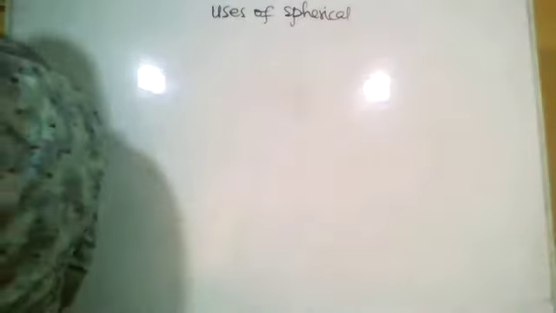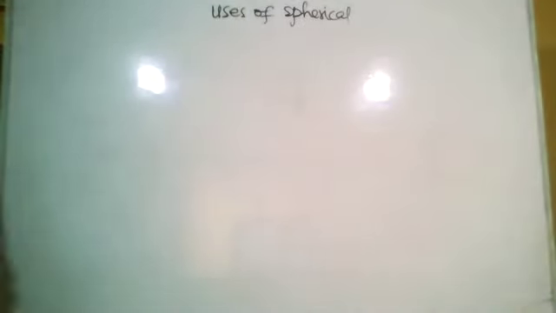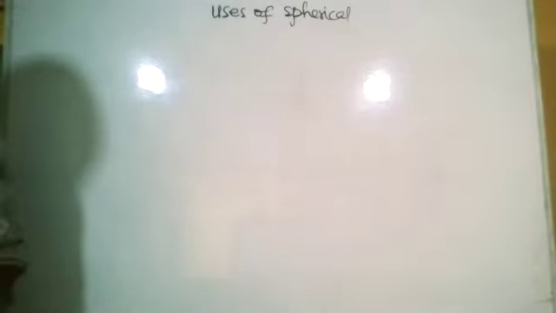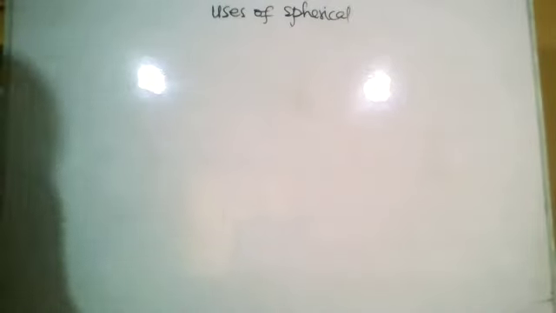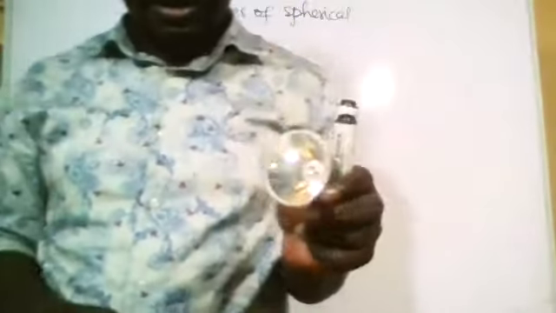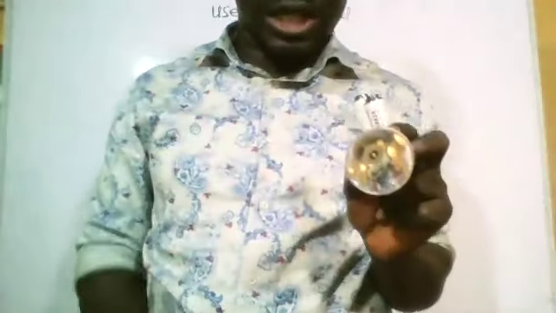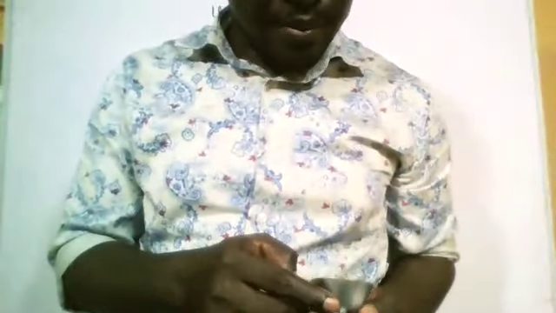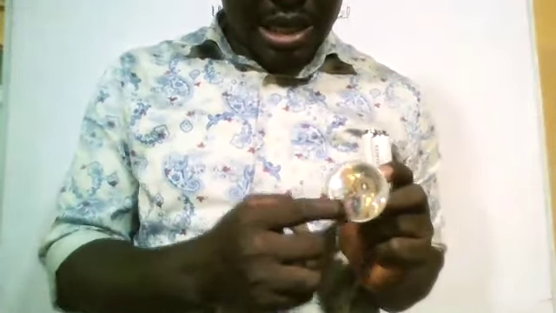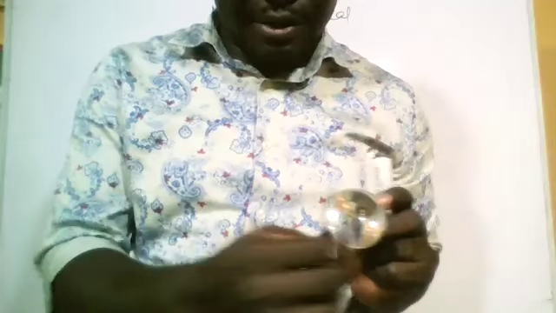An example of a concave mirror, for instance, can be seen here. This is an example of the reflector in torchlights. You see, the back is the coated end, and the shiny part is the reflecting surface. So this is an example of a concave mirror.